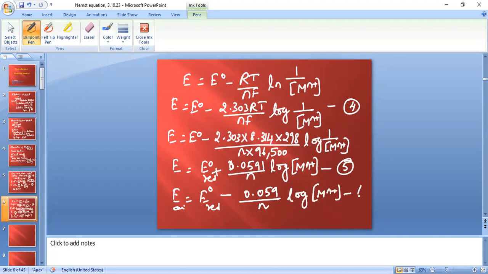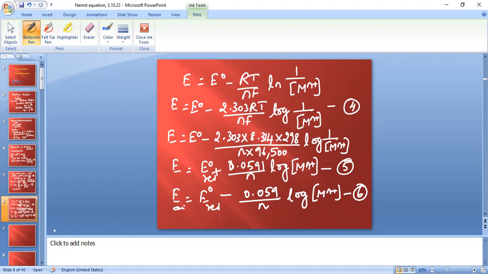So equation 6 is the Nernst equation for oxidation potential. Students, I think I have derived the Nernst equation in a much simpler way so that all of you would have understood, and you can easily practice and appreciate the derivation as well as the use of the Nernst equation to determine mathematically the single electrode potential.